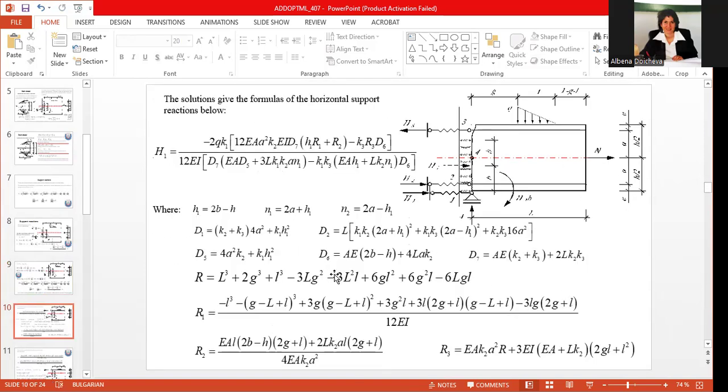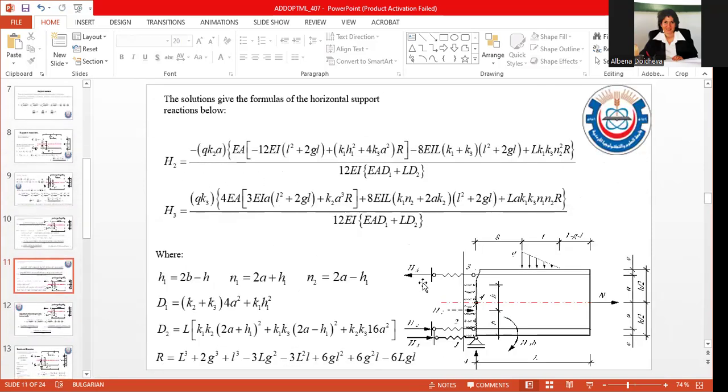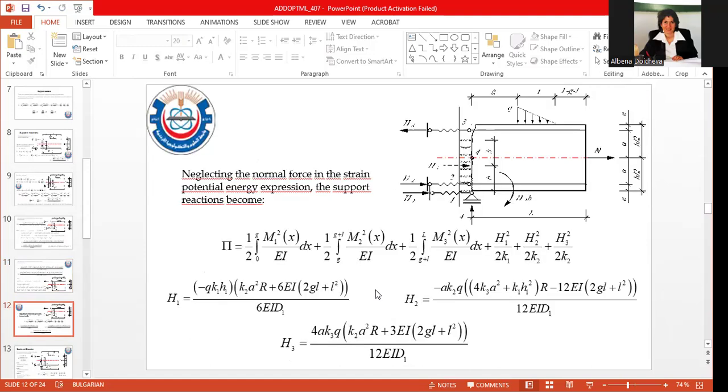And finally, we have the formulas of the horizontal support reactions H1, H2 and H3 on the level of the reinforcement bars. If we neglect the normal force in the strain potential energy expression, the support reactions become the next three equations.